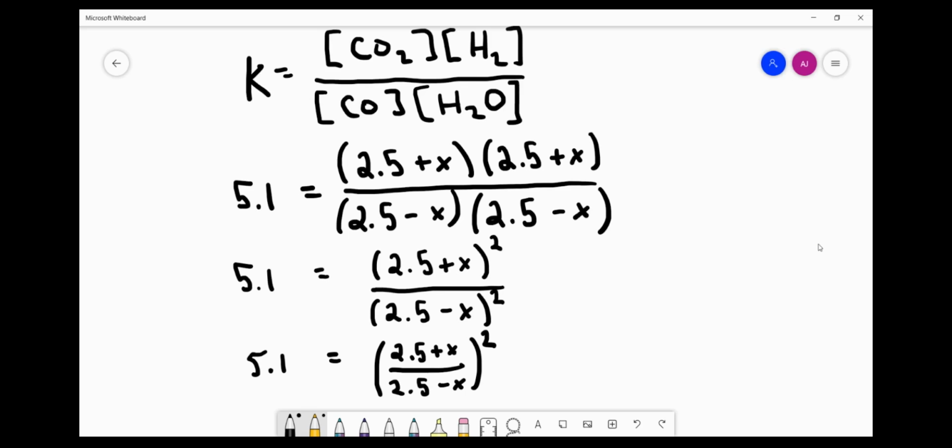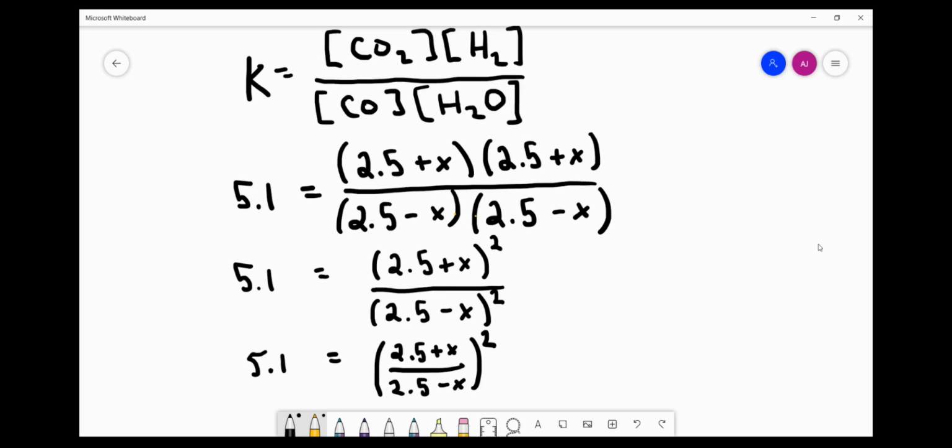So I recognize that the two terms multiplied both on the numerator and the denominator are the same quantity. So I can simplify that by just writing them squared. If we divide two squares, we can rewrite that as the division and then bring the square to the outside.